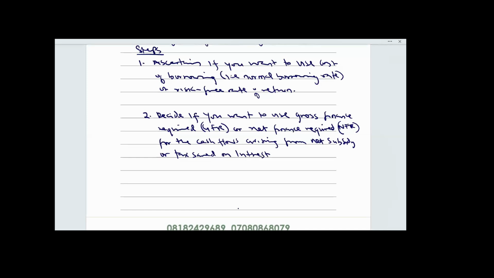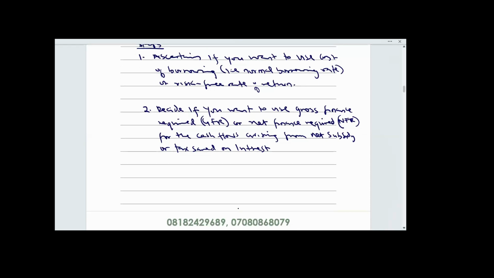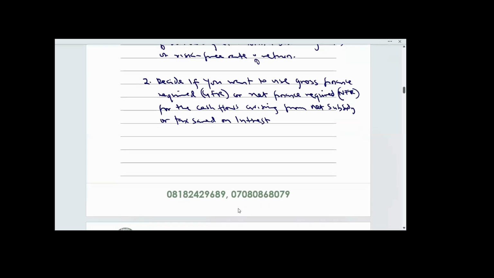Okay, so this is important. Oftentimes the examiner will be silent. If you are not told whether to use gross finance or net finance, then just go ahead and use gross finance required to be on the safer side. Always use gross finance required.